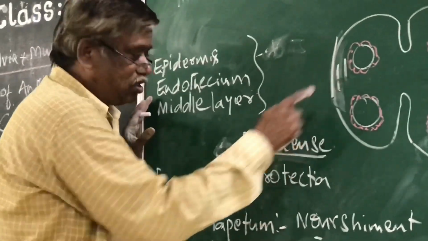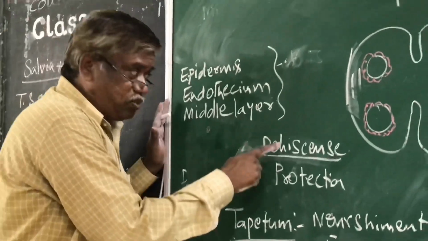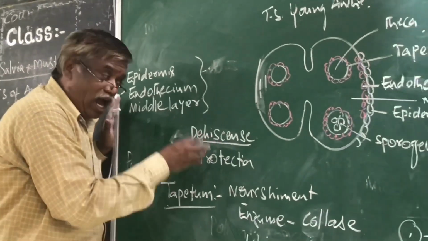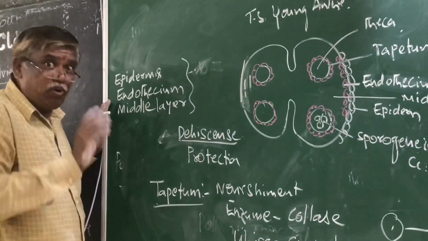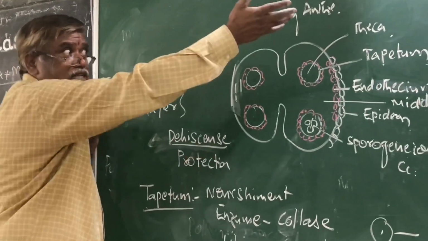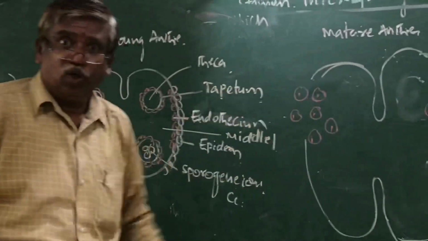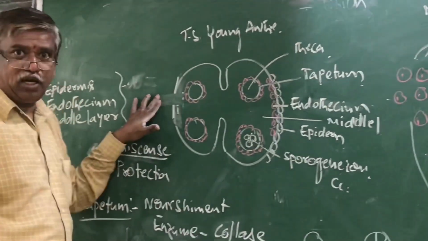These three layers, epidermis, endothecium, and middle layer, help in dehiscence and also give protection to the pollen. Before dehiscence, when the anther is mature, these three layers will be there.